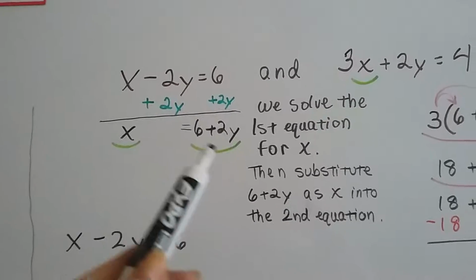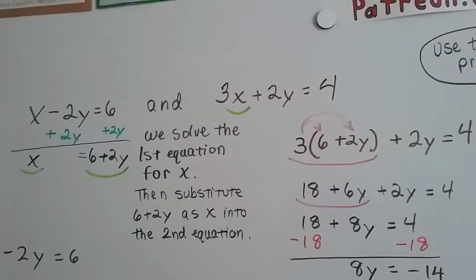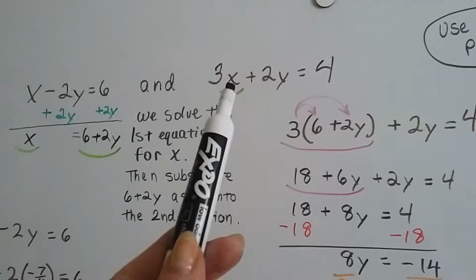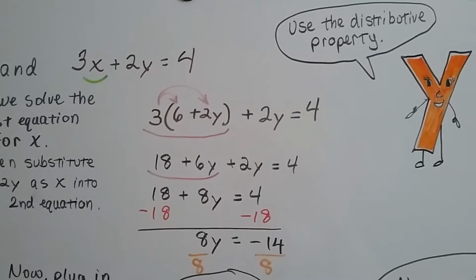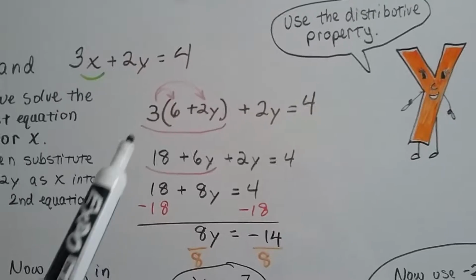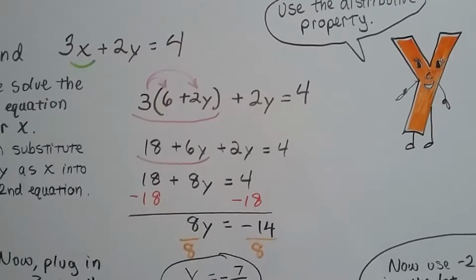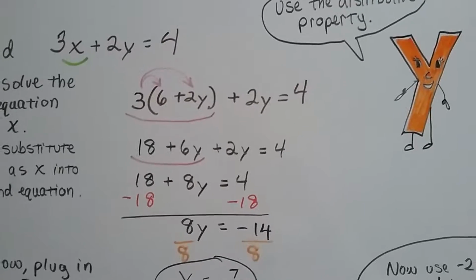So now we're going to use this to represent x in this equation. So that means we've got 3 times 6 plus 2y plus 2y equals 4. And we use the distributive property, right? And we get 18 plus 6y plus 2y. Now we simplify it by combining like terms.